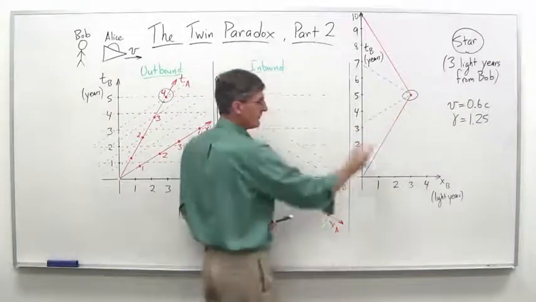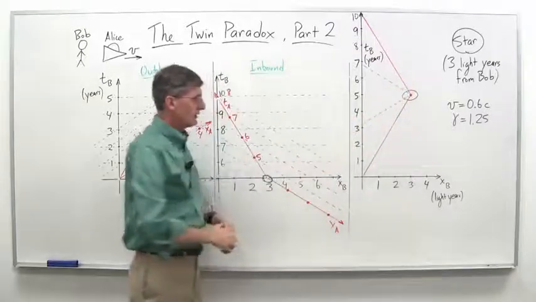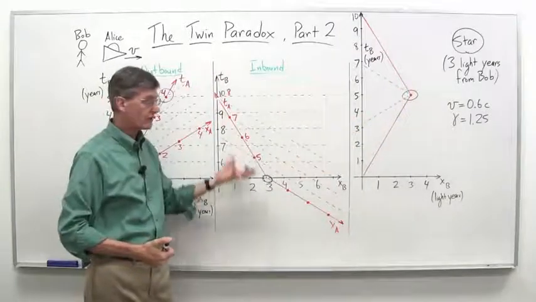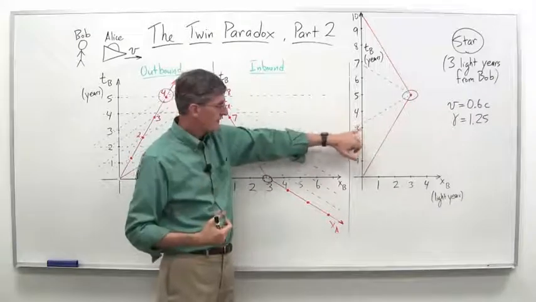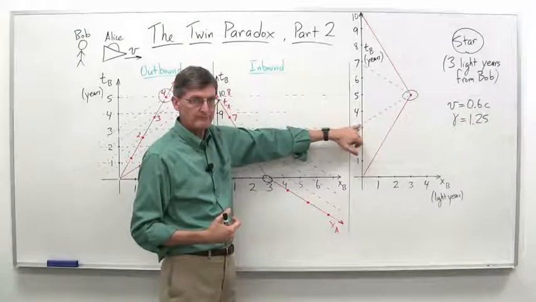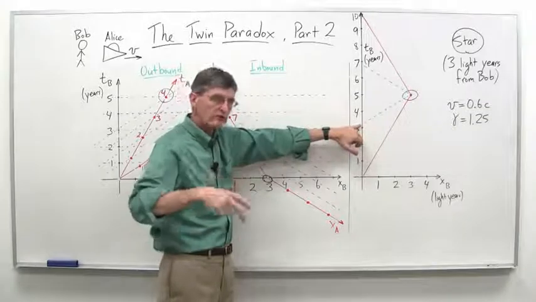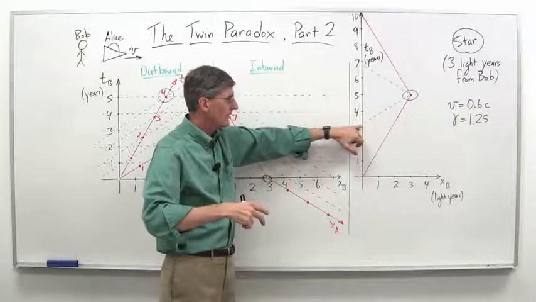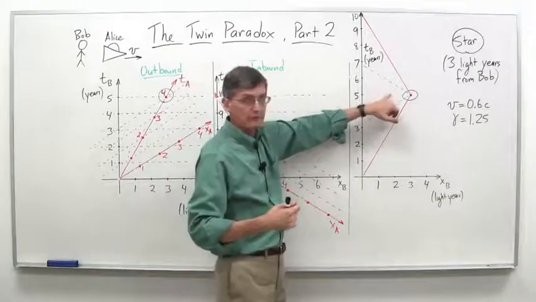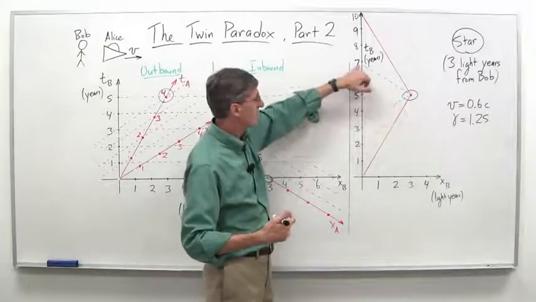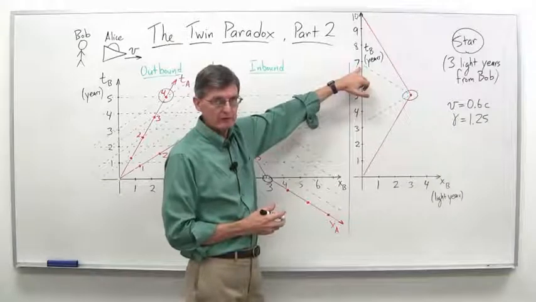Right before she turns around, if she took photographs of all her clocks and Bob's clock back at the home planet, his clock would read 3.2. As soon as she goes through the process of turning around and then looks at her lattice of clocks and sees where Bob's clocks are back at the home planet, look where it is. It's up at 6.8, actually.